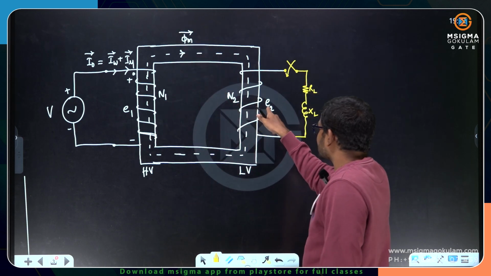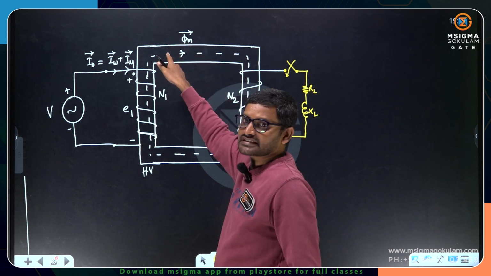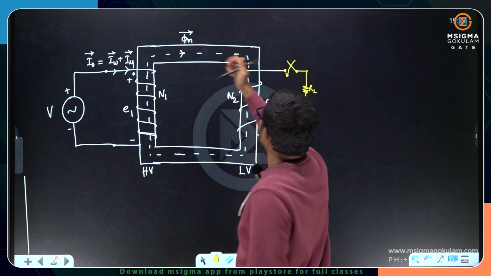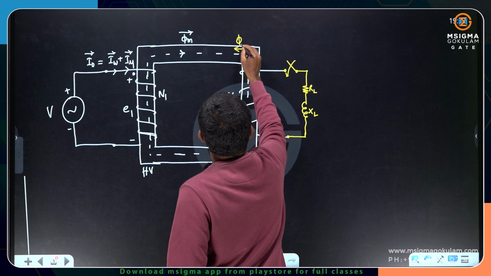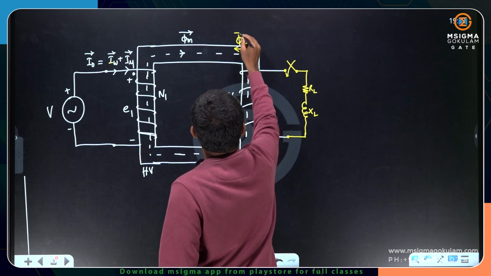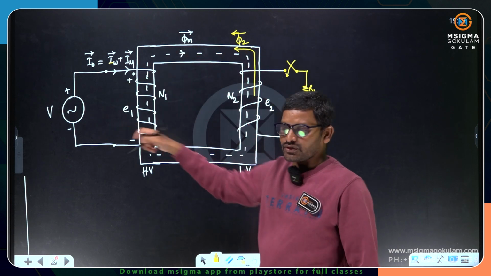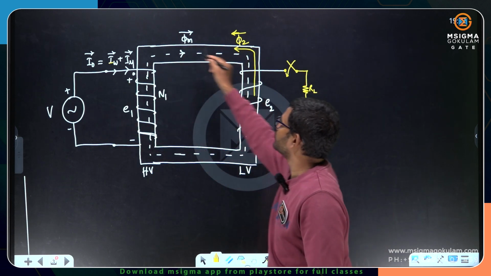The cause for the production of EMF is the mutual flux. So to oppose the mutual flux, the EMF has to drive a current and set up a flux in the opposite direction. Let me show you like this. This is the phi 2 direction. I am not drawing it completely, but you can assume that this phi 2 will be like this, opposite to phi m.